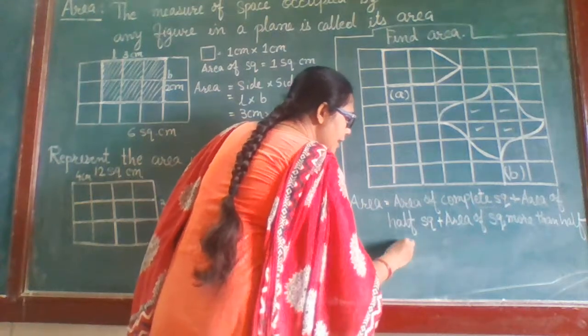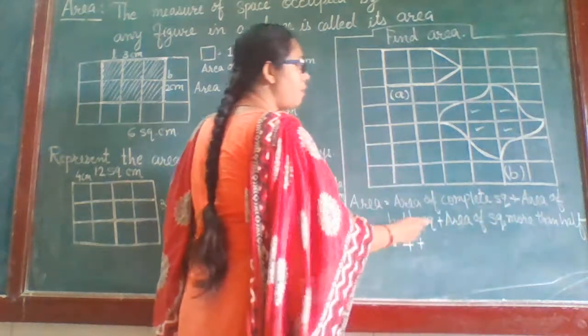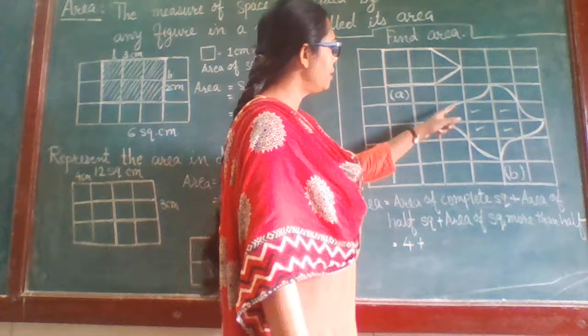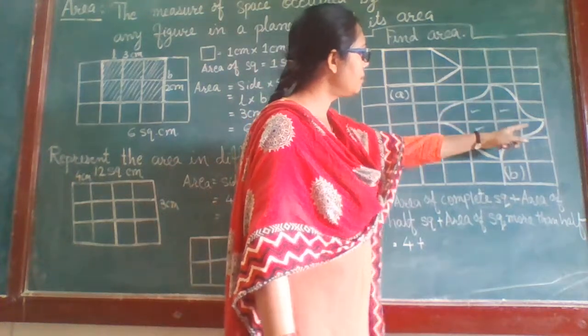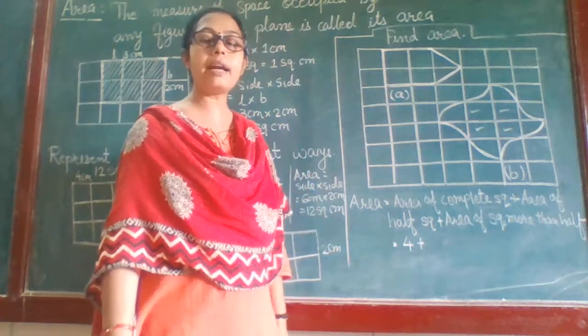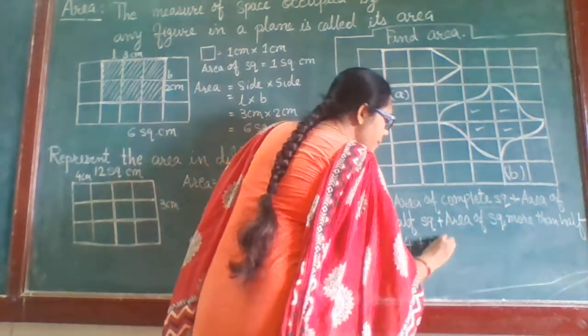So it is 4. Plus area of half square. Here you can see that not a single half square is occupied by this figure. So we write it 0.